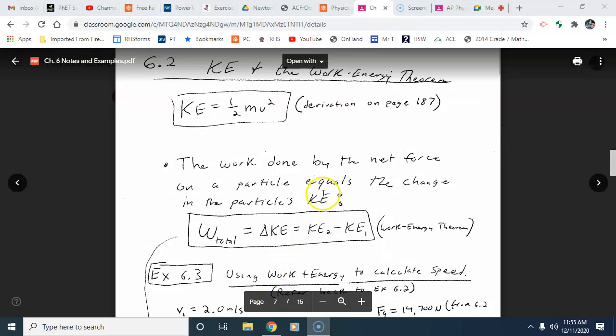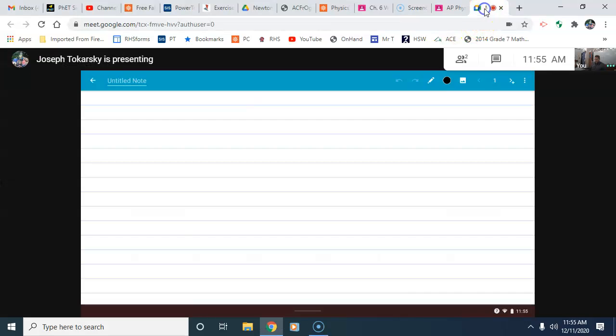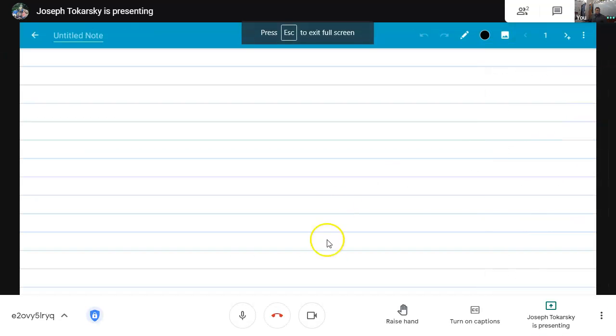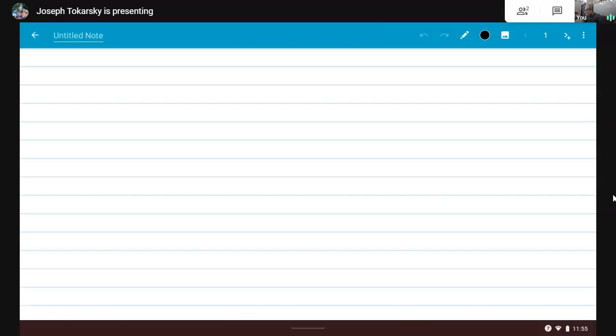So I'm going to flip over to my notepad that I can draw on and show you the derivation real quick of this work-energy theorem. Once we see where it comes from, we'll realize that we can keep applying the same ideas of Newton's laws as an underlying concept to all these problems.